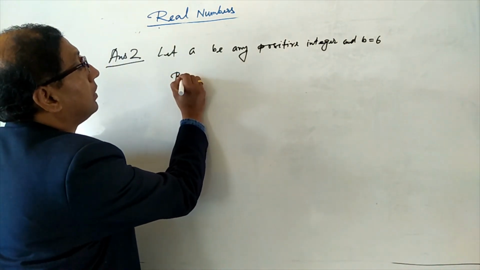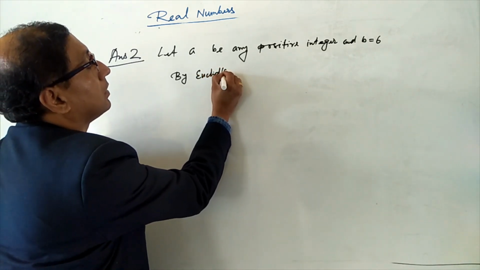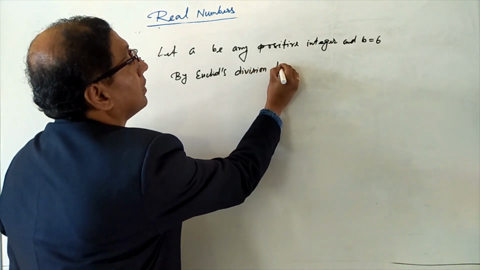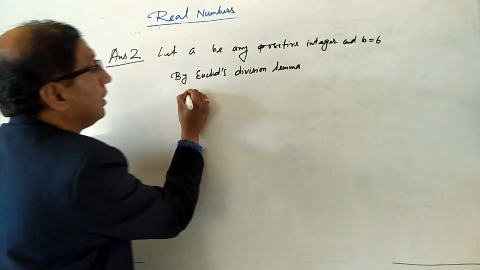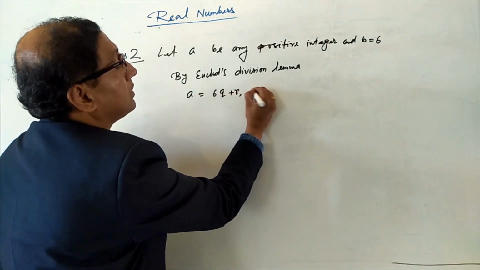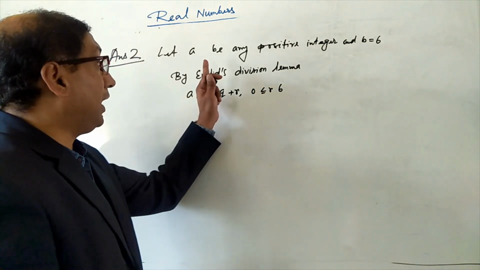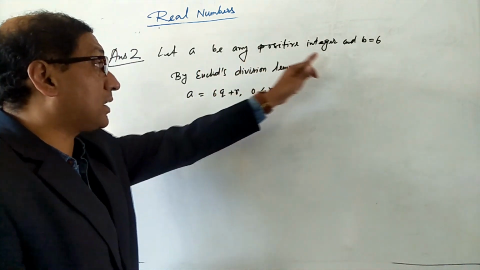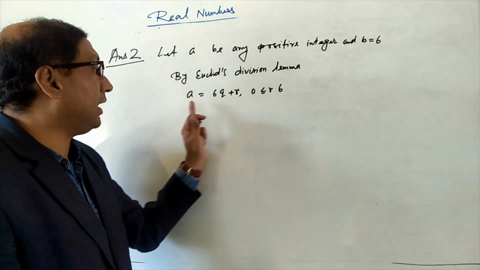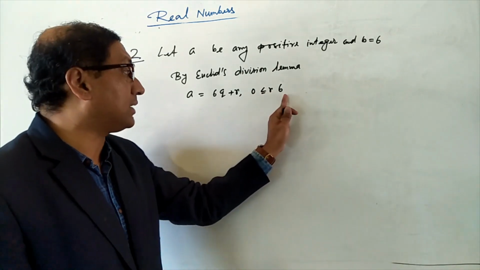Now by Euclid's division lemma, a equals 6q plus r, where 0 is less than or equal to r, and r is less than 6. If we divide a by 6, then 6 is the divisor and a is the dividend. If we divide them by Euclid's division lemma, we can write a equals 6q plus r, and r will be greater than or equal to 0 and less than 6.